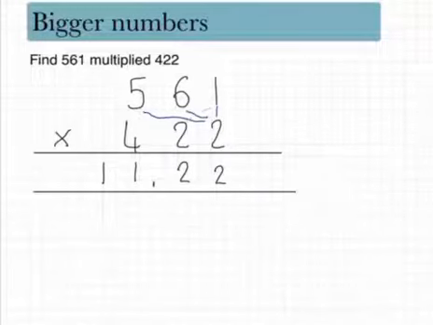So now we're going to do this 2 times the 1, the 6 and the 5. But because we're starting off 1 digit in, we need to put a 0 before it. So our first digit there is going to be a 0. And then we can start our calculation. So 2 times 1 first is 2. 2 times 6 is 12.